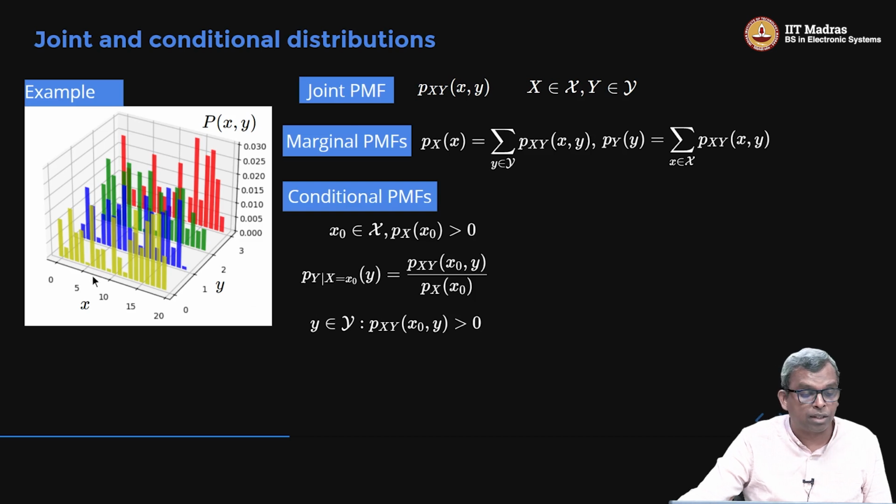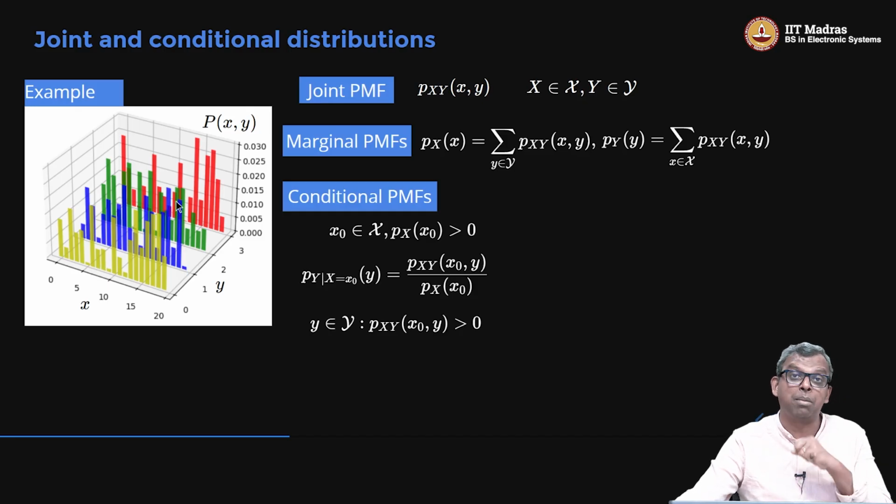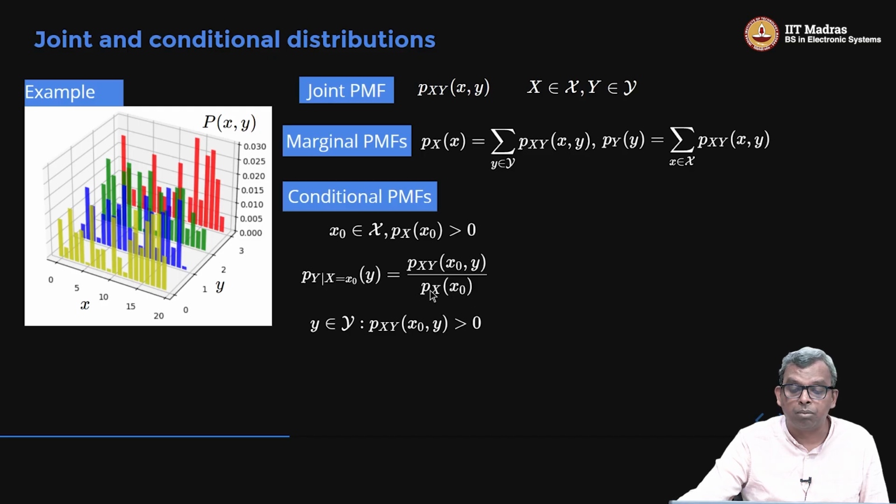If you fix x naught and look along this line, you sum it up to get the marginal, and then divide the actual values by the sum, you actually get a PMF. At that particular x naught, this P_{Y|X=x naught} itself becomes a PMF, because the denominator is the sum of all the numerators over all y. This is called the conditional PMF of y given x equals x naught.